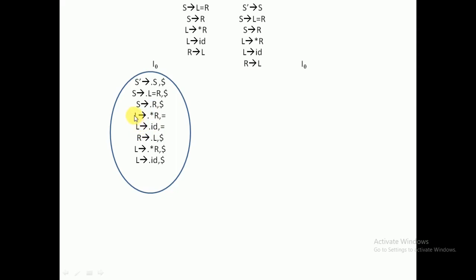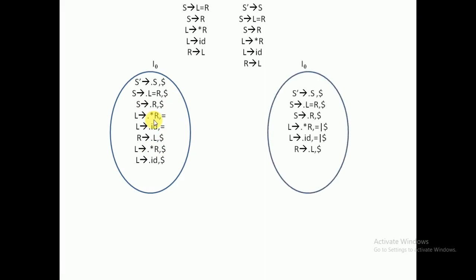In this grammar we see L deriving two times with their closures. One closure set has equal as a lookahead, and another closure set consists of dollar. So whenever you see such kinds of problems, you must write in this format.